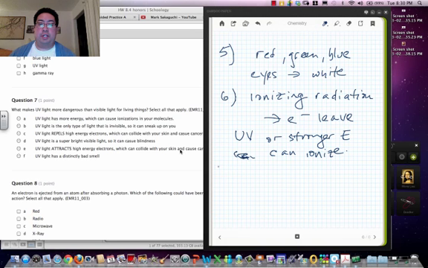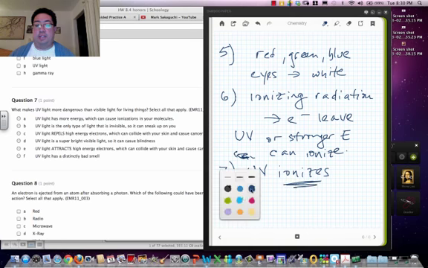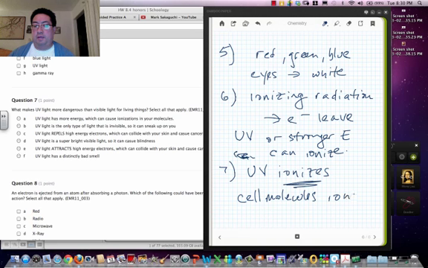Okay, question 7. Why is UV dangerous? UV ionizes. And this is what's so dangerous, because if it ionizes cell molecules, it causes damage.